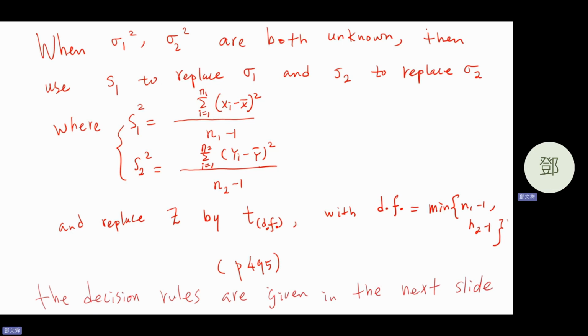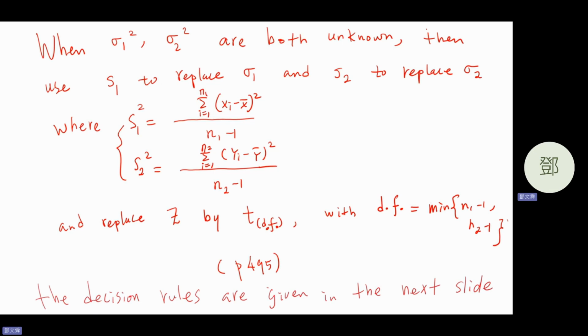Replace z by t, with degrees of freedom being the minimum value of n1 minus 1 and n2 minus 1. And this is what appears in your textbook on page 495.